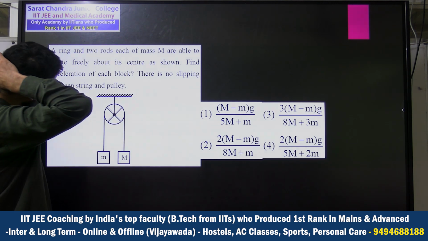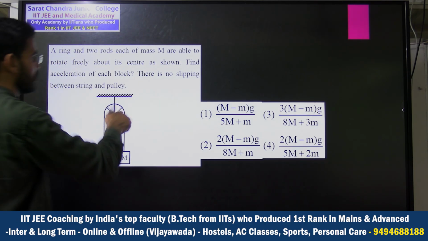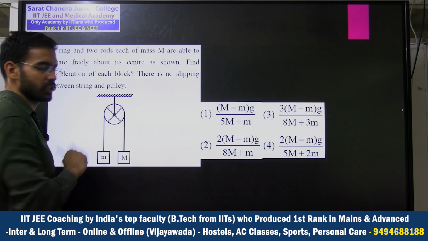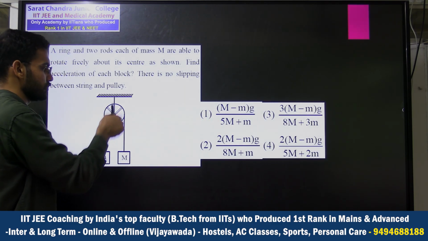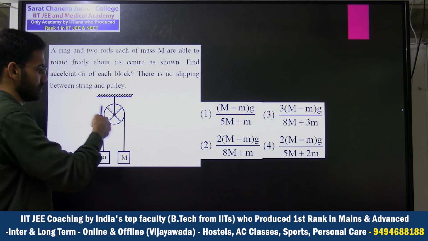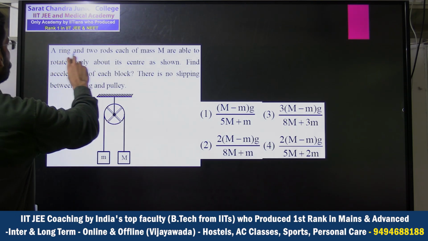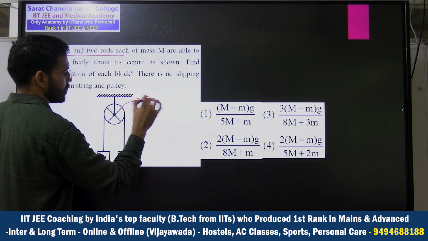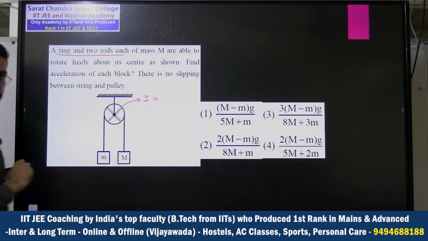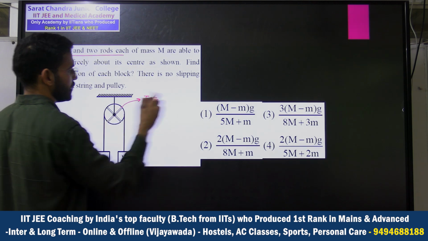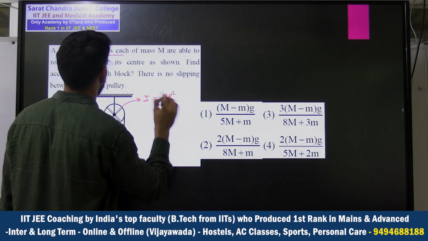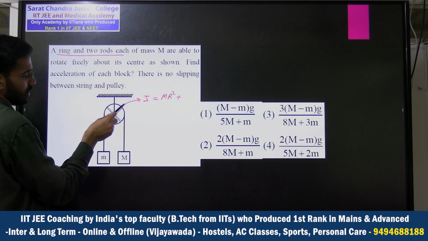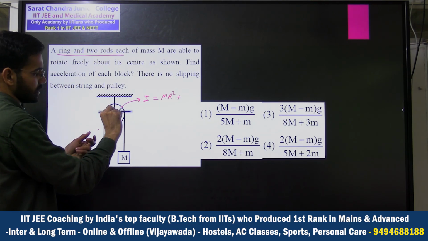So here first, let's mark all the things. This question is exactly in the notes, but generally we give the moment of inertia of the pulley; here he made the pulley with the help of 2 rods and one ring. So let's discuss the moment of inertia. If you consider radius r, for the ring it is Mr square, plus for the rod, the hinge point is in the middle, so this rod will rotate like this.